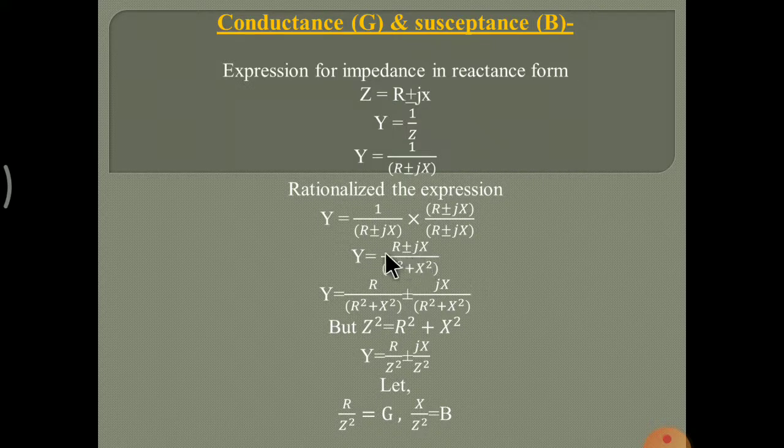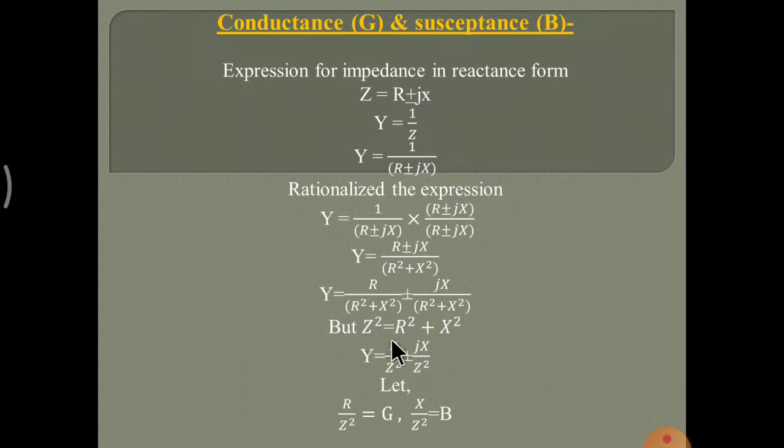Separate this equation. First we take this R and divide by the bracket, then the plus minus sign, and then this jX upon this bracket. Y is equal to R upon R square plus X square plus minus jX upon R square plus X square.